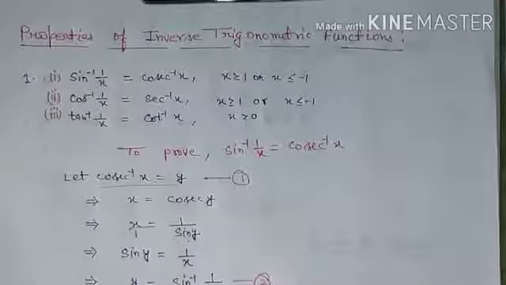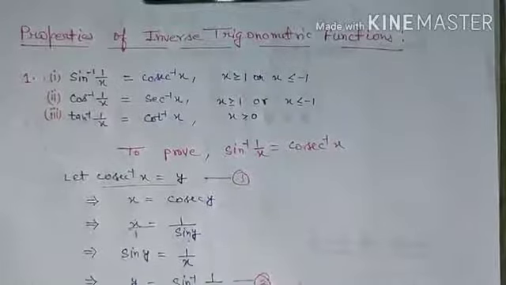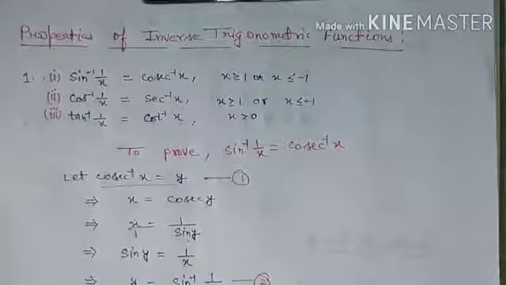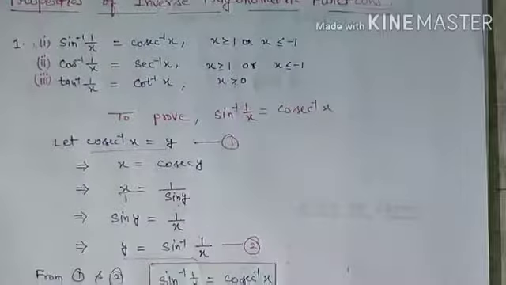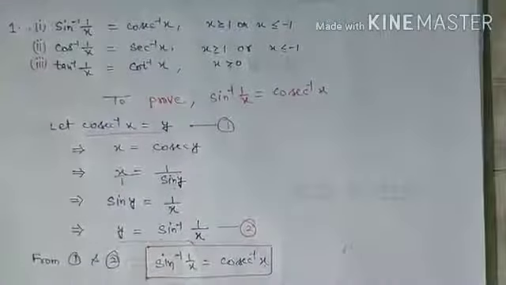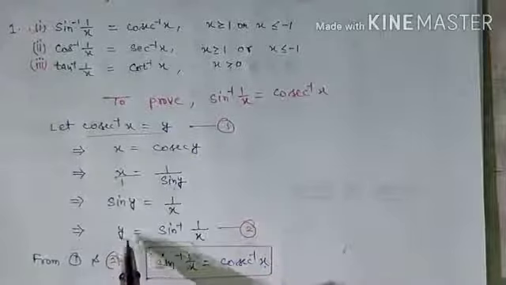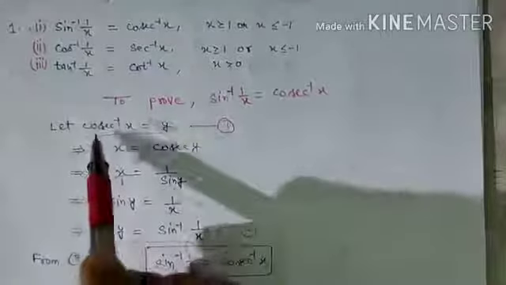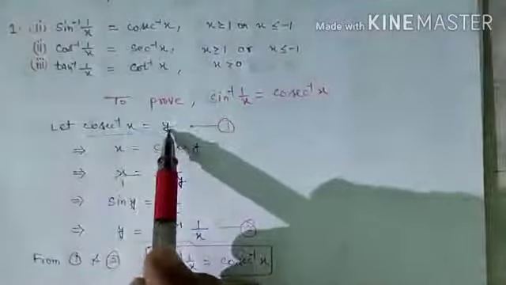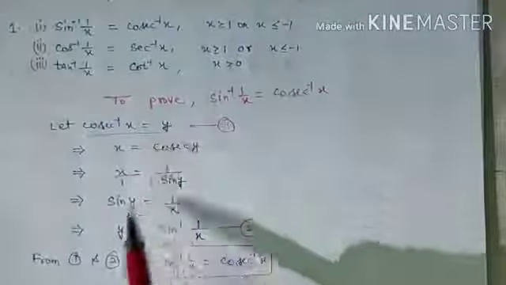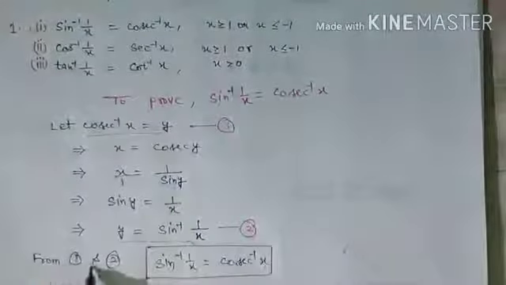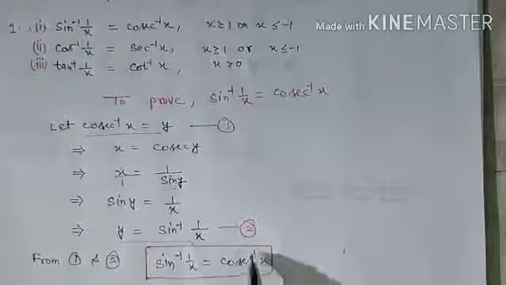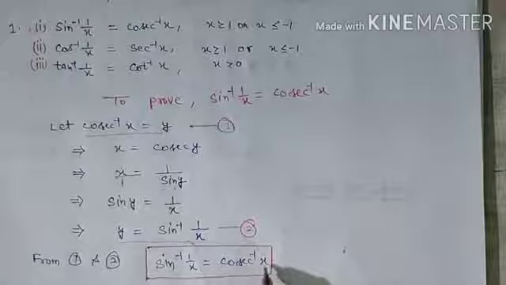Y equals sin inverse 1/x, and cosec inverse x is also equal to y. Because both are equal to y, from 1 and 2 we can say sin inverse 1/x equals cosec inverse x.